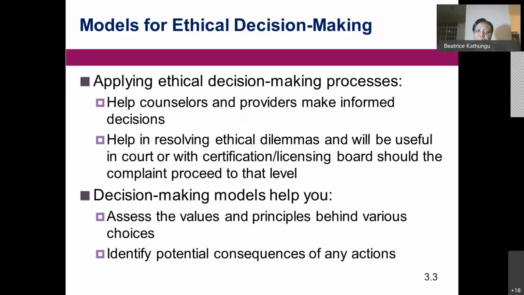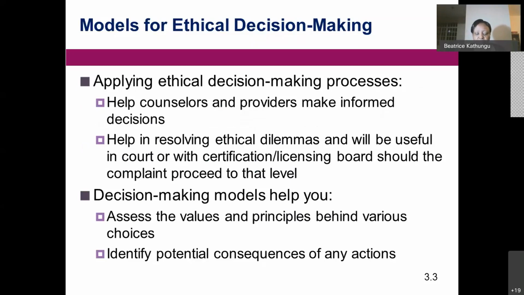Now, when we think about a model for ethical decision making, what are we thinking about? We are thinking about applying a model that can help counselors and providers to make informed decisions. Remember, we have been saying that ethics is about standards, it's about beliefs, it's about making sure we do the best in the situations we are in.